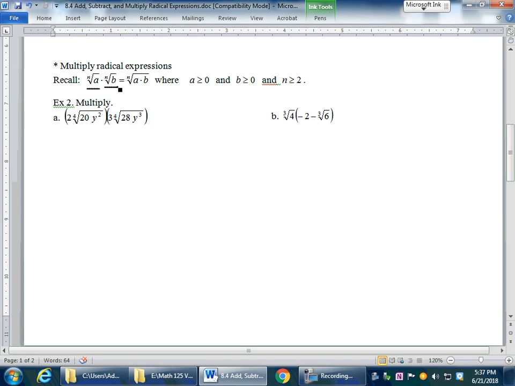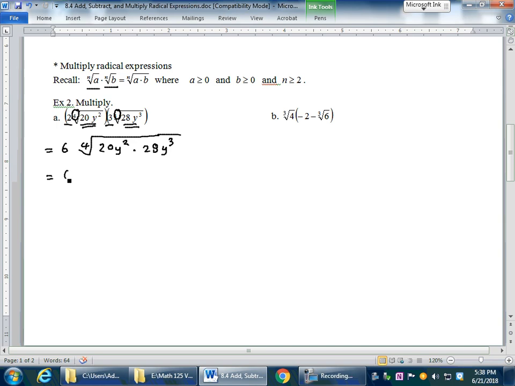So I can basically multiply 2 times 3, that gives me 6. Because the index of the radicals is the same, I can multiply the radicands together. So this will become 4th root of 20y squared times 28y to the 3rd power.